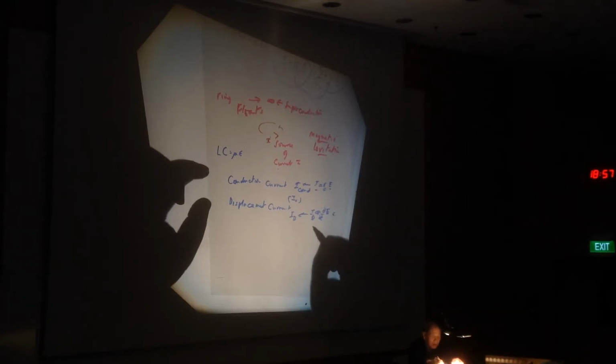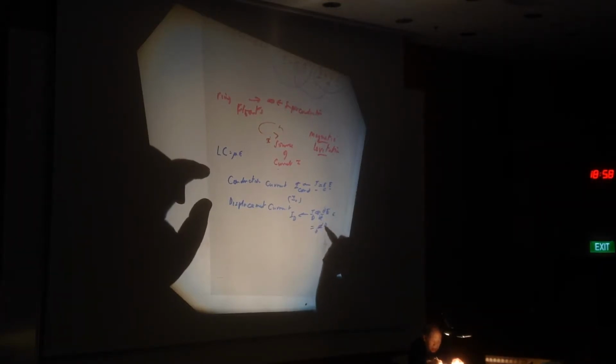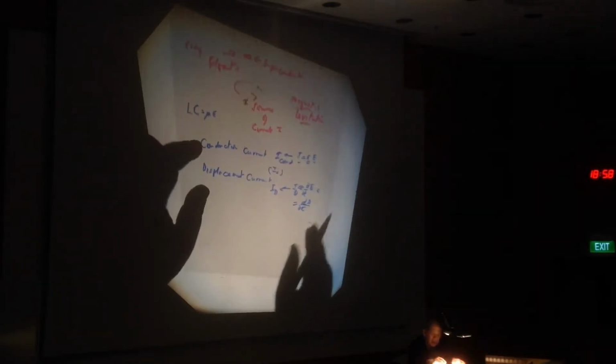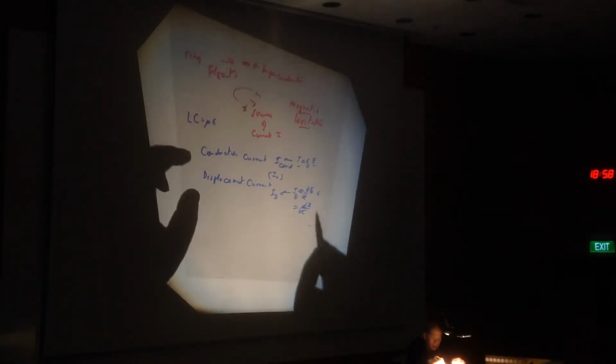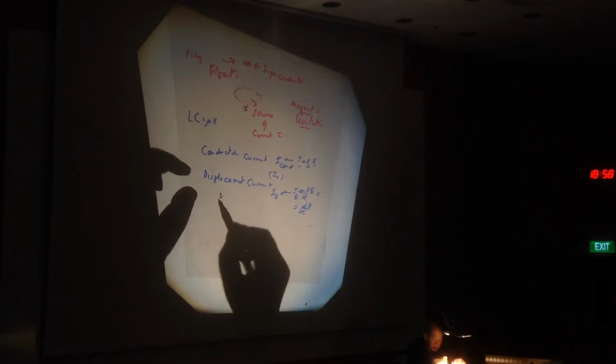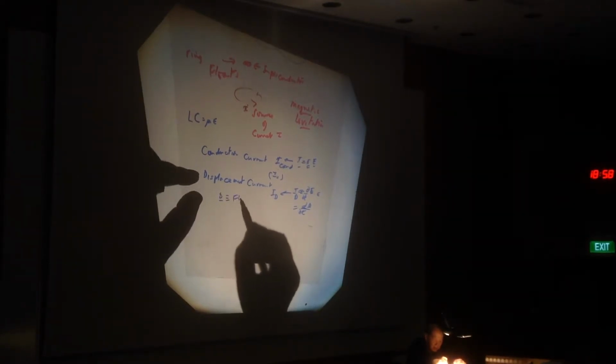Displacement current, ID, is related to the derivative of the electric field times some constant, or dD by dt. The D we discovered in Gauss's law, D is called the displacement vector, the flux density vector.